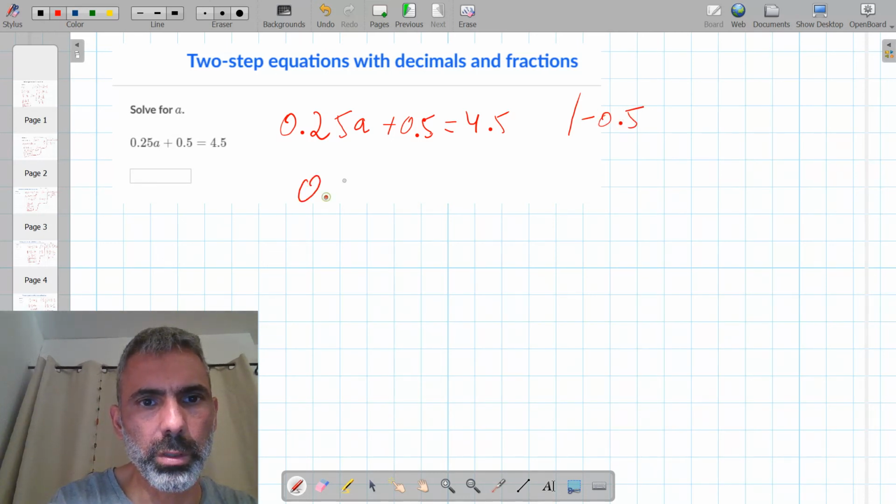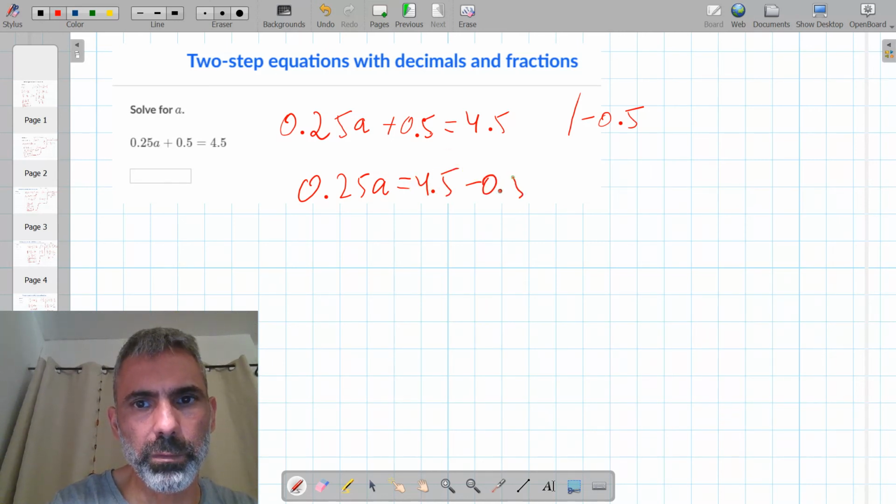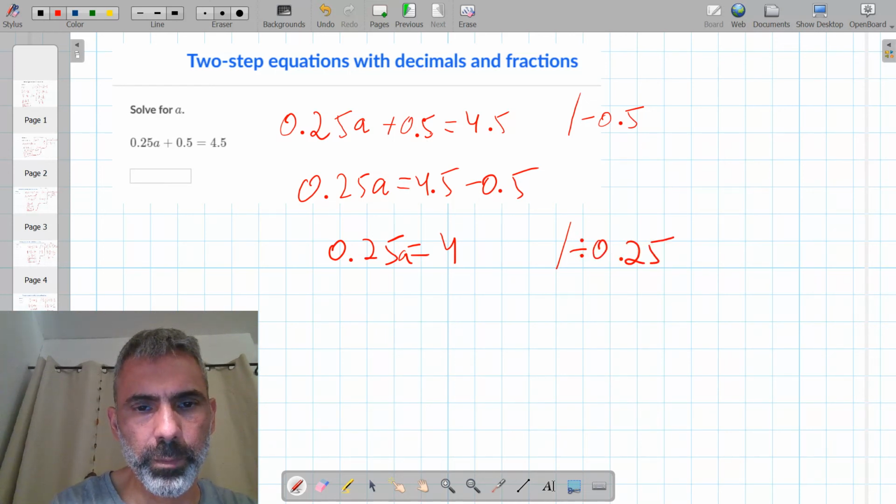So 0.25 times a equals 4.5 minus 0.5, which means that 0.25a equals 4. And now I need to divide both sides of the equation by 0.25. So on the left hand side I'm left with a, and on the right hand side I have 4 divided by 0.25.